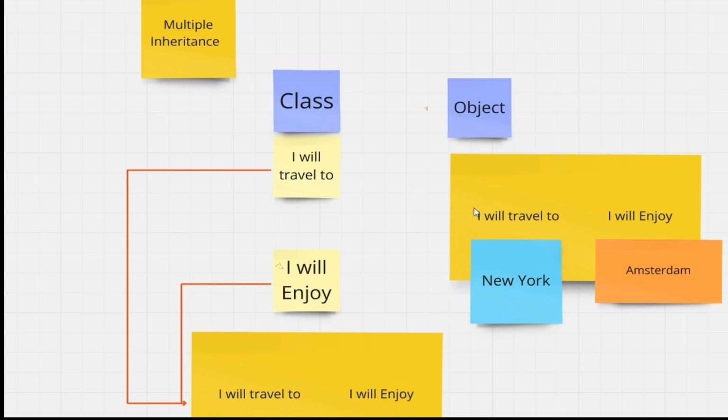And then I create an object with reference to this class, passing the destinations, New York and Amsterdam, to have the two sentences within this object: I will travel to, I will enjoy, as two sentences out of this. This is multiple inheritance. I'm inheriting to a class from several classes.